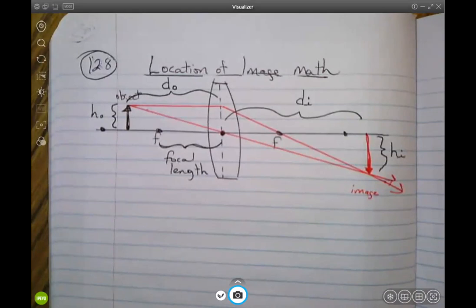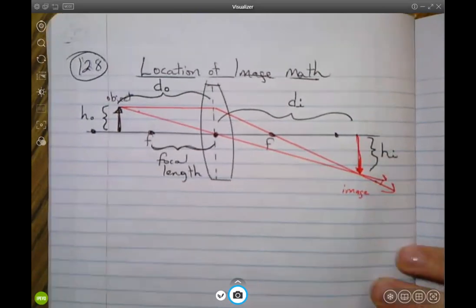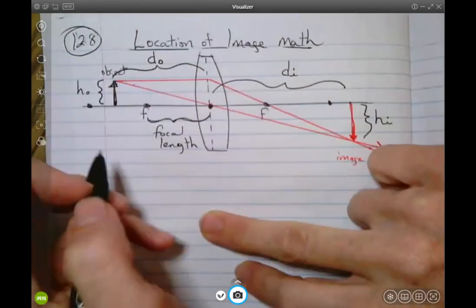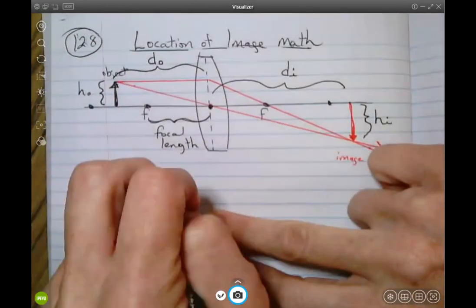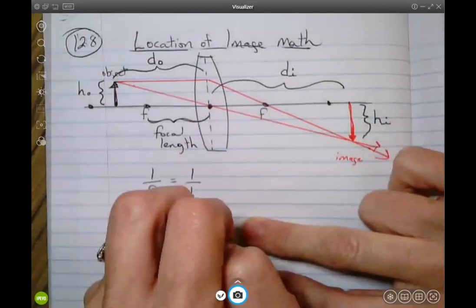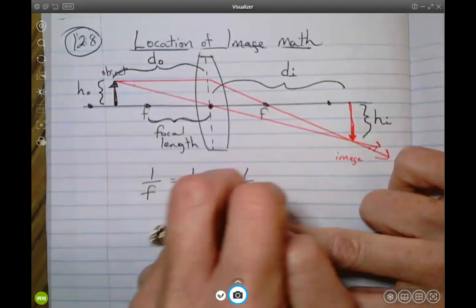So I'm going to give you a few formulas here. All right, so 1 over F equals 1 over DI plus 1 over DO.